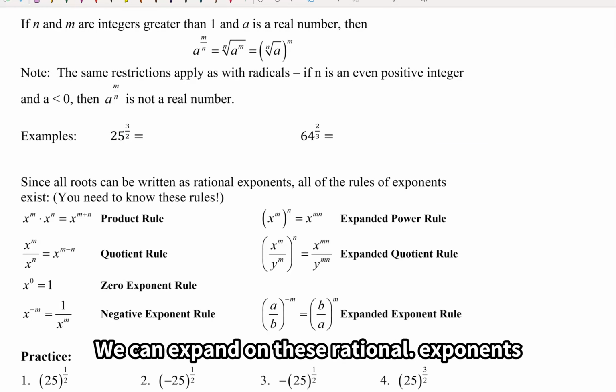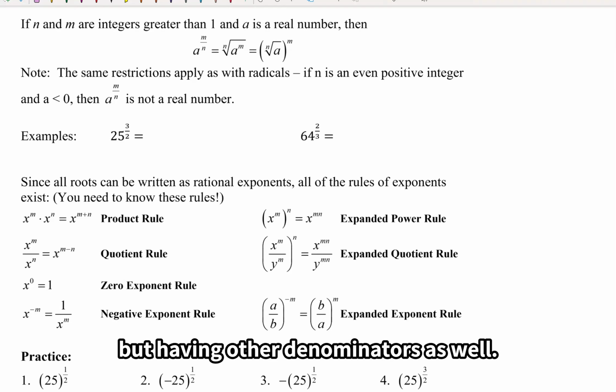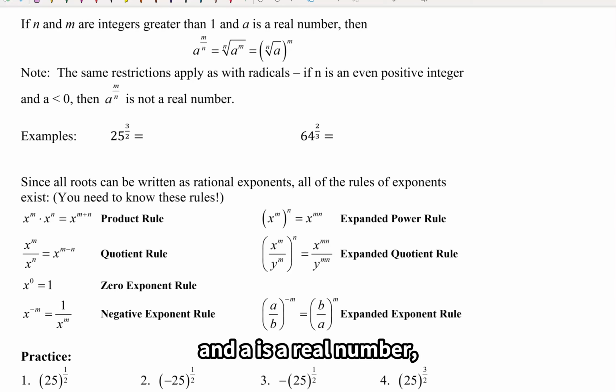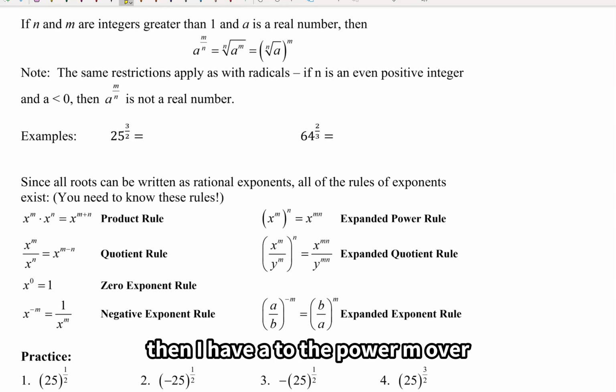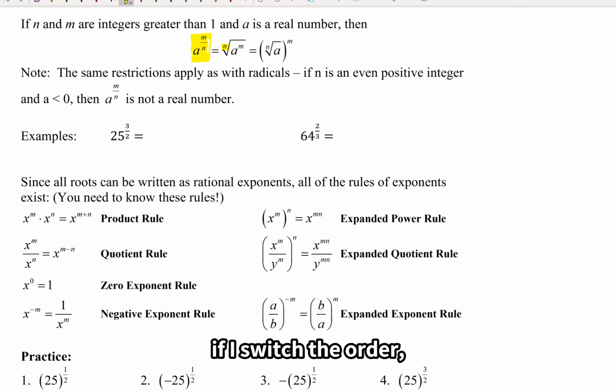We can expand on these rational exponents by not just keeping that numerator at 1, but having other numerators as well. If n and m are integers greater than 1 and a is a real number, then a to the power m over n is equivalent to the nth root of a to the m, but that's also equivalent if I switch the order and take the nth root of a first and then raise it to the mth power.